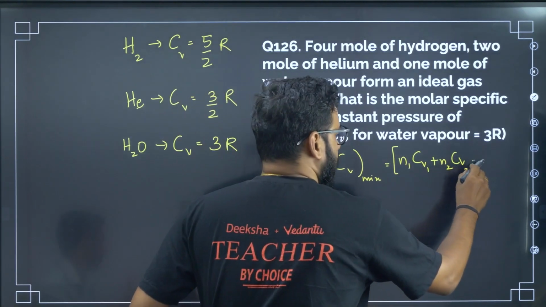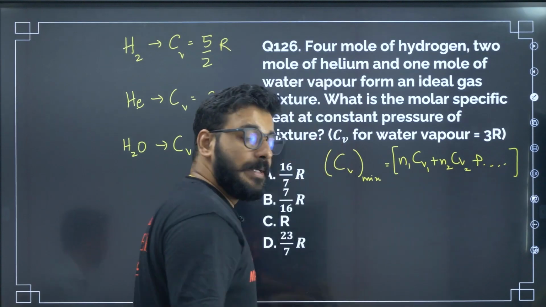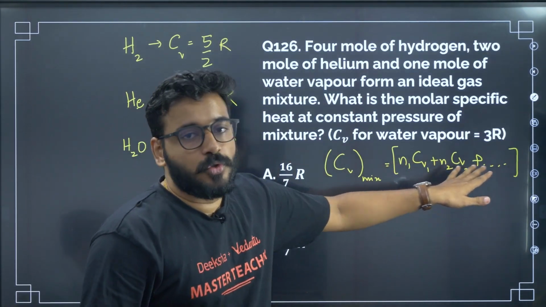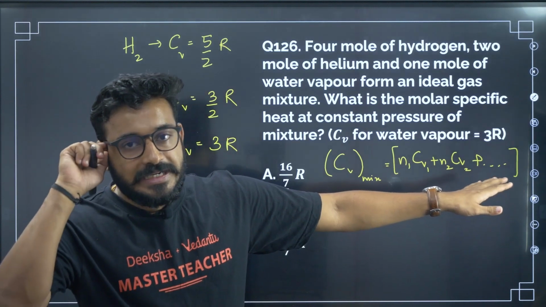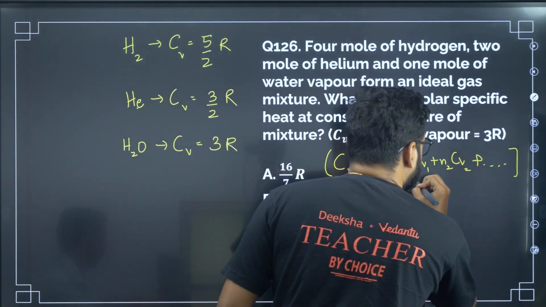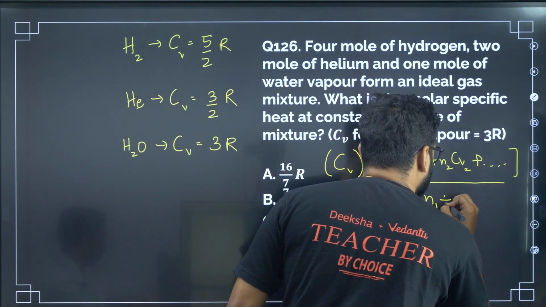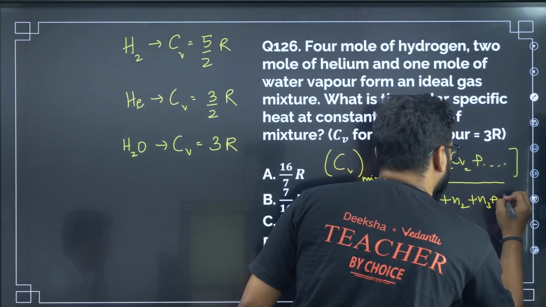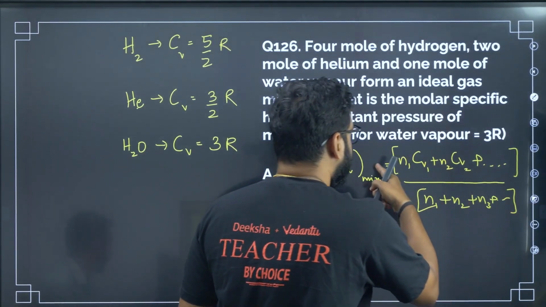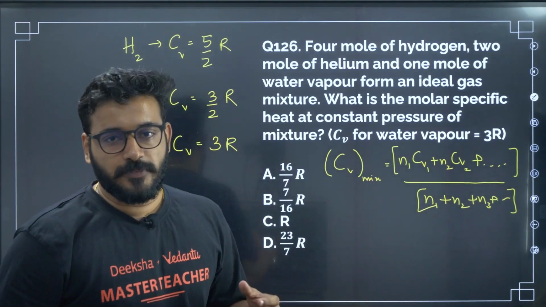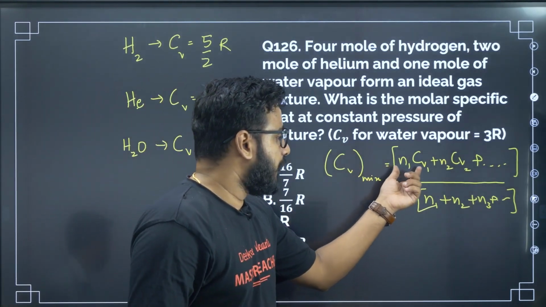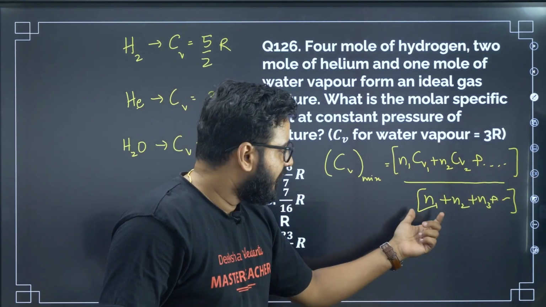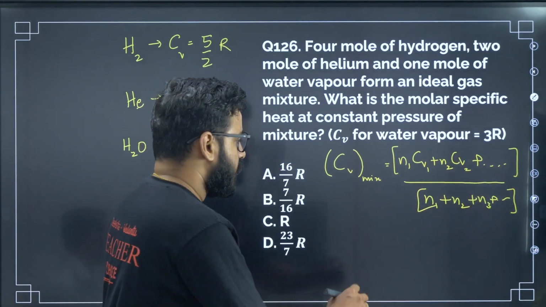Each gas has its own moles multiplied with its molar specific heat capacity, take a total, and this whole is divided by the total number of moles, N1 plus N2 plus N3 and so on. So this is how you get the CV of the mixture.